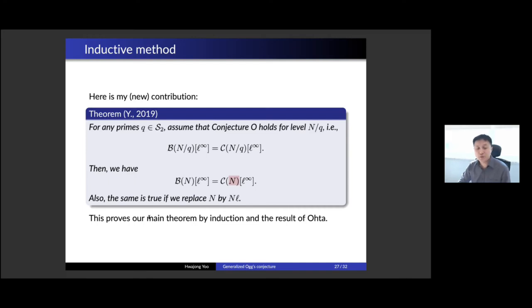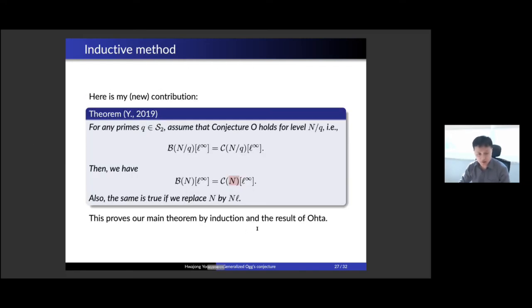So this proves our main theorem by induction. You get from the squarefree level times some prime Q squared, and then you get the level by the assumption plus Ohta's result. And then you can kind of tiki-taka and build all cases by induction. So this is the main theorem.